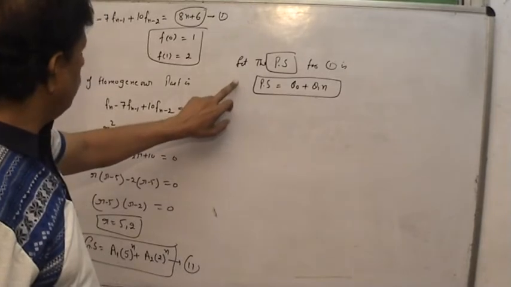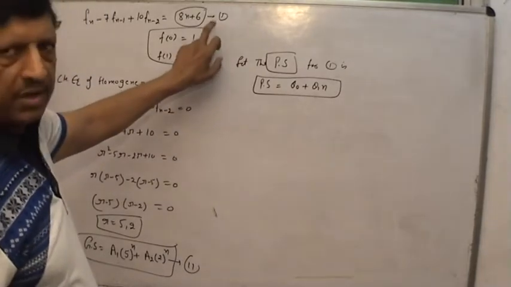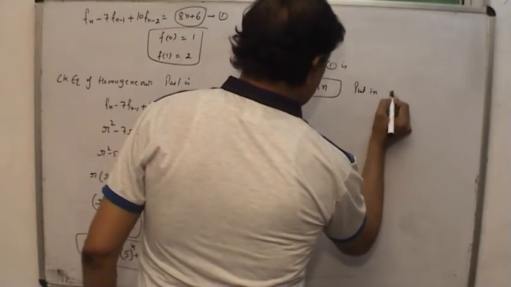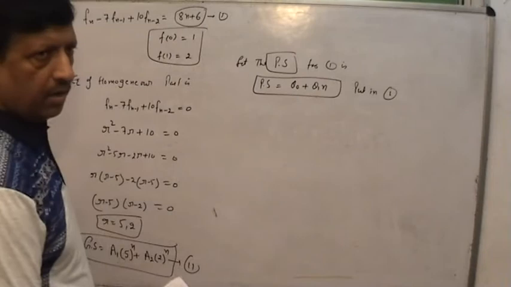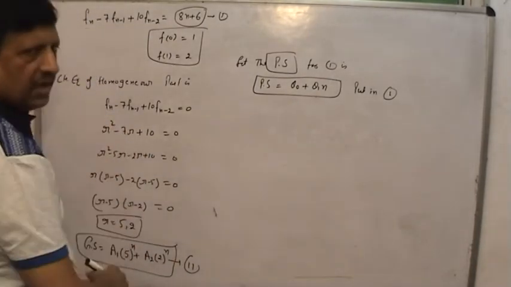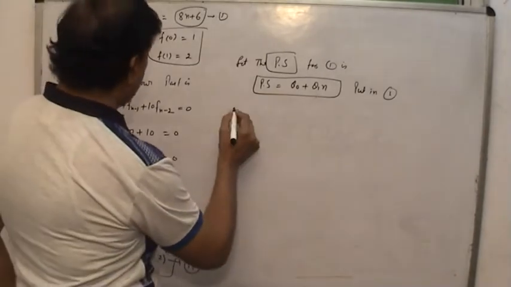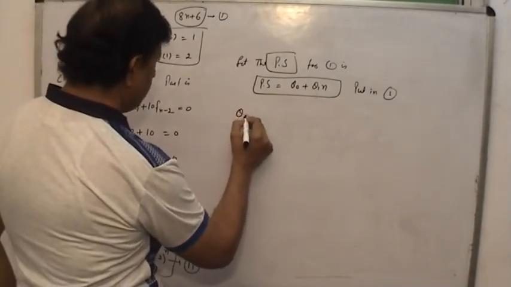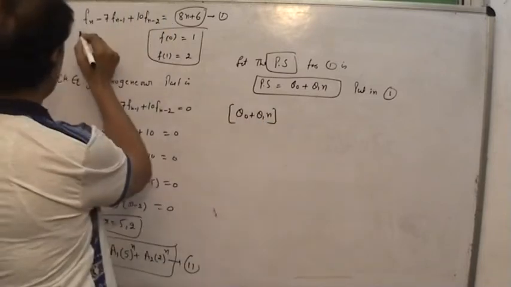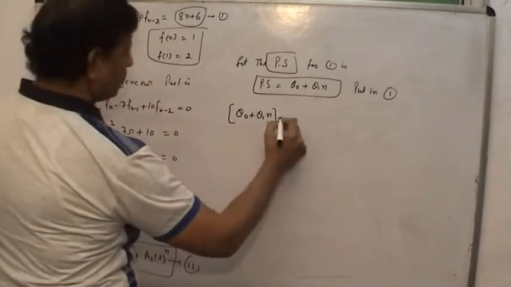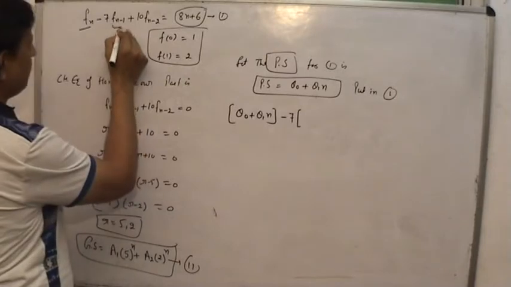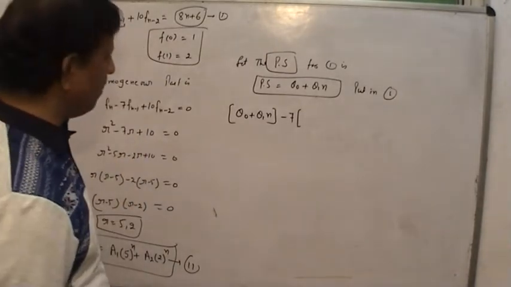Now, what to do? Put this particular solution in number 1. Always put in given recurrence relation. Then how it affects the given recurrence relation? See, here first term is f of n. It contains n. That is, for the first term it is Q0 plus Q1 n. For this constant remains as it is, minus 7 into f of n minus 1, n changes into n minus 1.